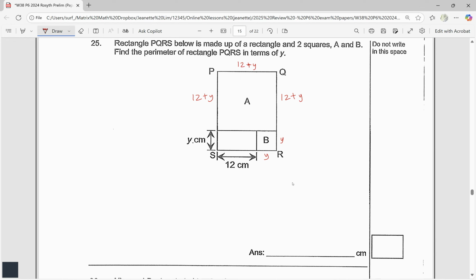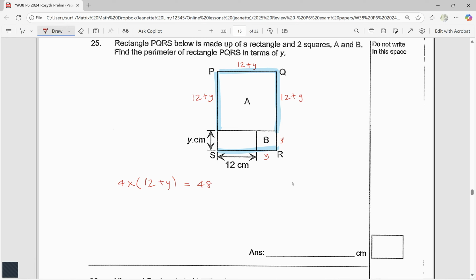So 4 times of 12 plus y. Okay, or we can do this 4 times of 12 plus y. Twelve plus y, 4 times 12 plus y.